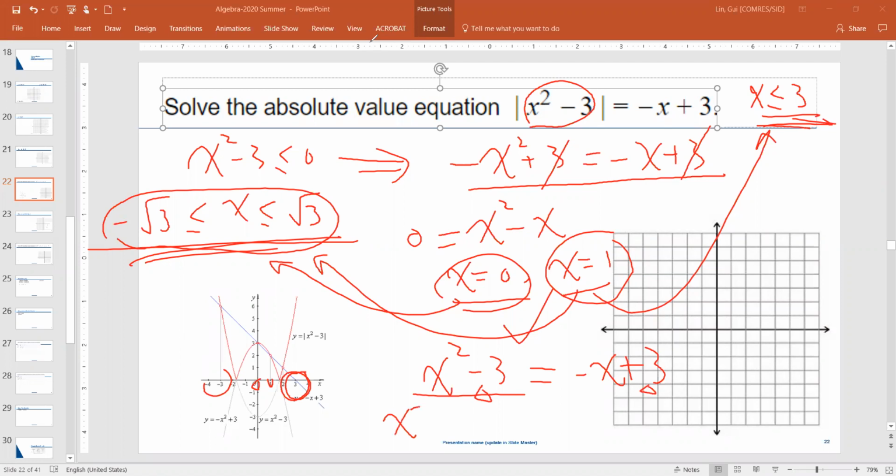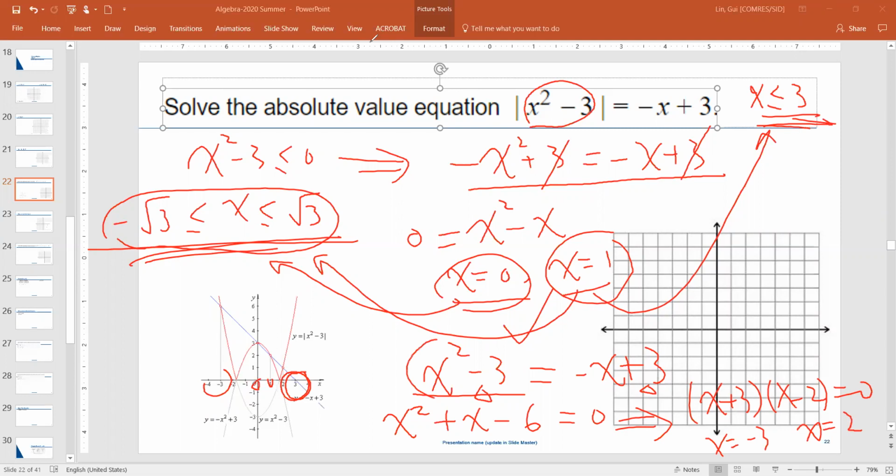So actually this one is changed into x squared plus x minus 6 equals 0, right? So here can get into x plus 3, x minus 2, equals 0. So one of the answers is -3 and the other is 2, right?